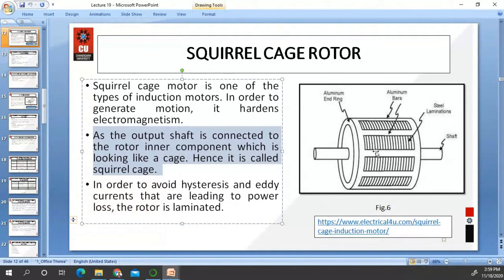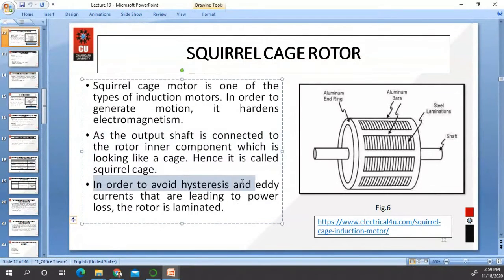Inside this rotor part, we have placed a number of plates. These are considered as a cage, hence we call it a squirrel cage rotor.